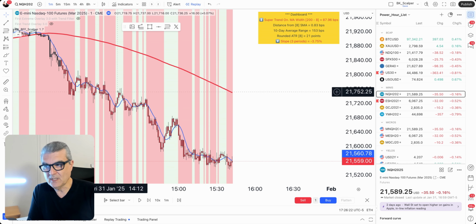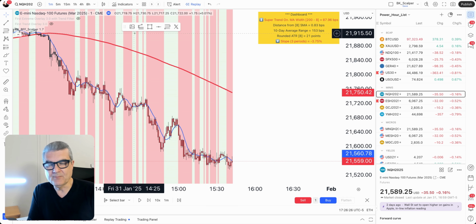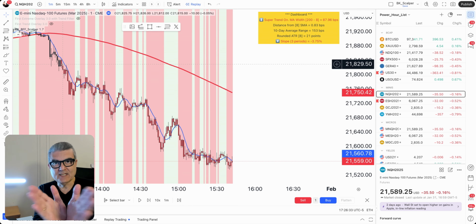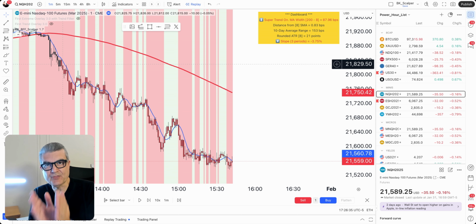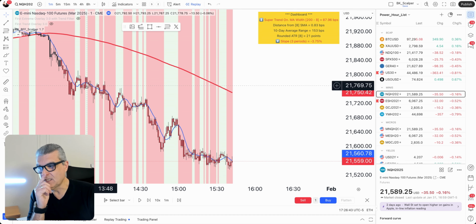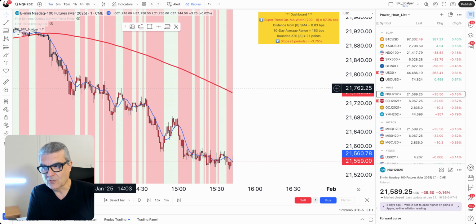When we're below the 200, it's a trend to the downside. When we're above, it's a trend to the upside. When the moving averages themselves are so wide, like 30 basis points wide, so a third of a percent wide, the whole thing turns into super trend, meaning that there's tremendous amount of selling or buying activity, as you can see here, and the candles themselves turn red.